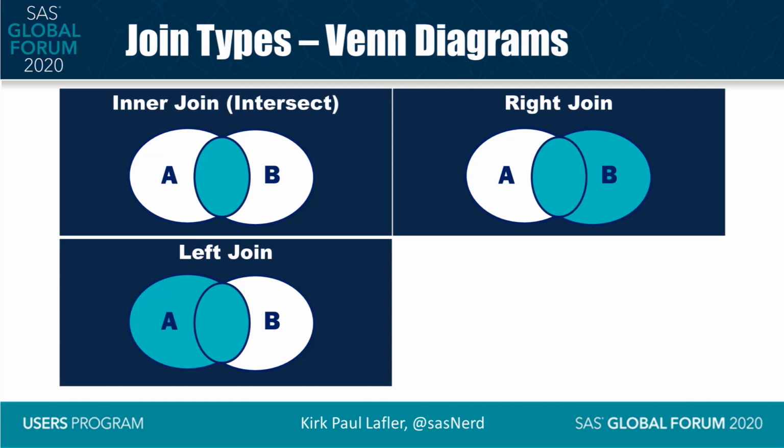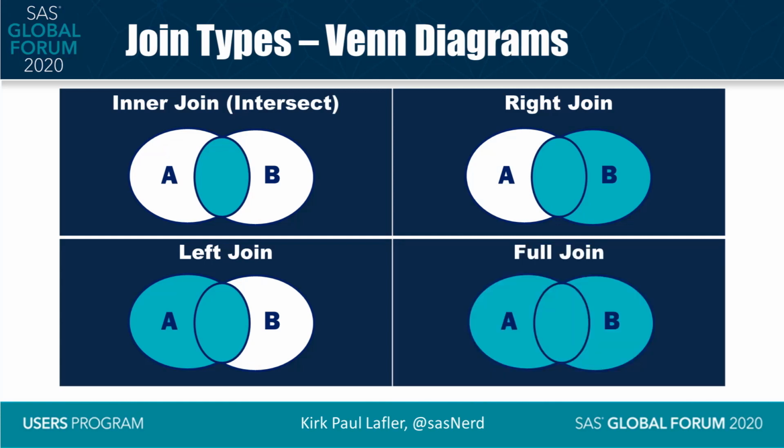And finally, the last join type that I'll discuss is called a full join. A full join should not be confused with a Cartesian product, or in some cases known as a cross join. Yes, it does contain more data, oftentimes, than any of the other join types that we discussed.